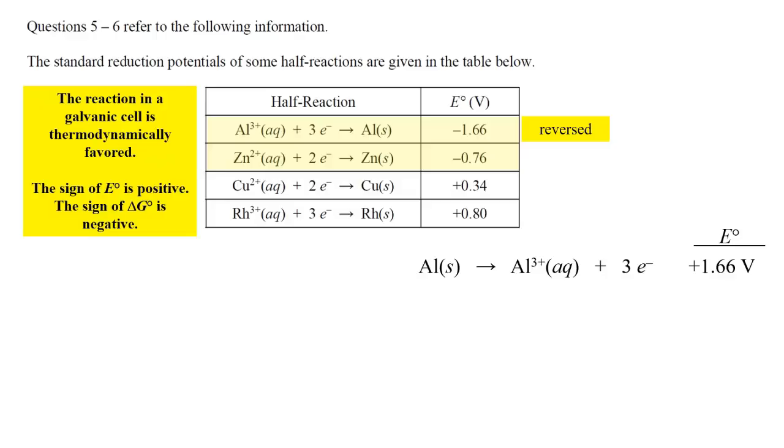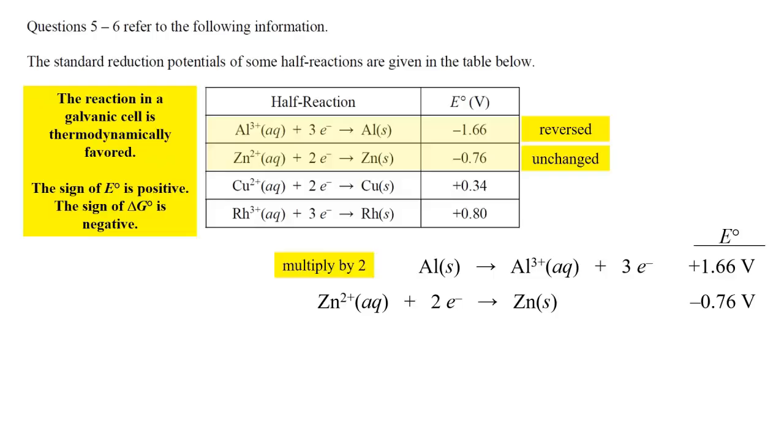You can't have two reductions or two oxidations since I've already reversed the half reaction for aluminum, turning it into an oxidation half reaction. I'm going to leave the zinc half reaction unchanged. So zinc will remain exactly as written as a reduction half reaction. So the cell potential for the zinc half reaction remains as negative 0.76 volts.